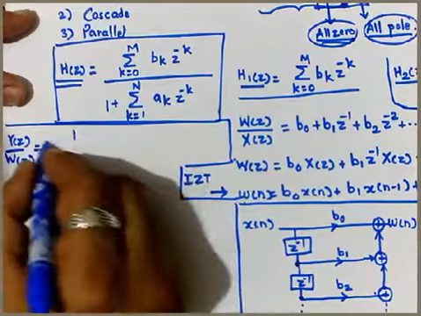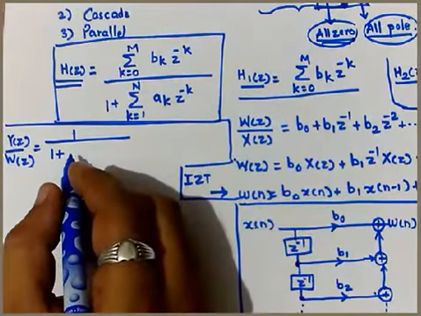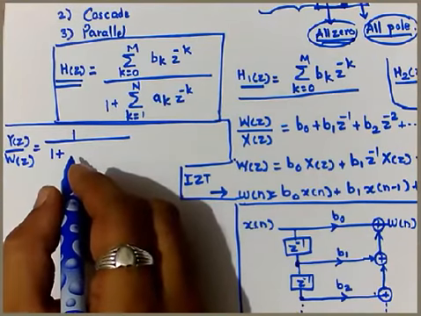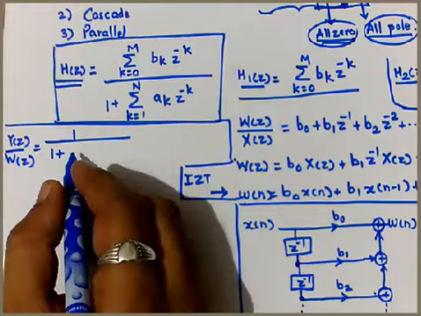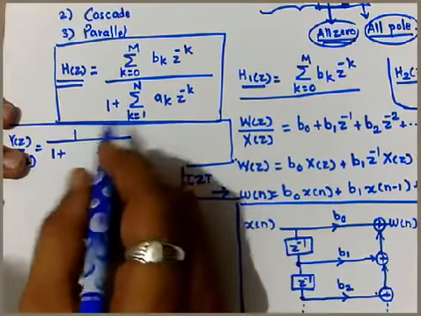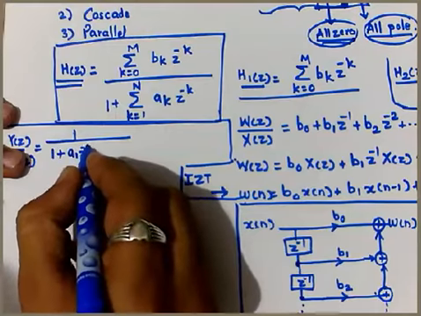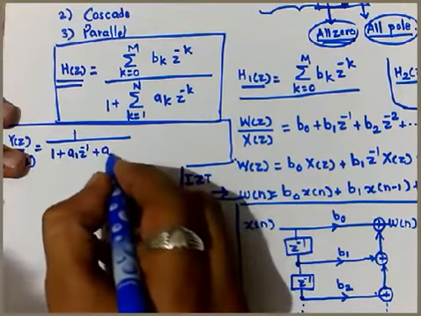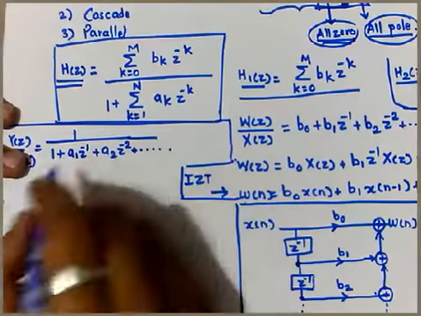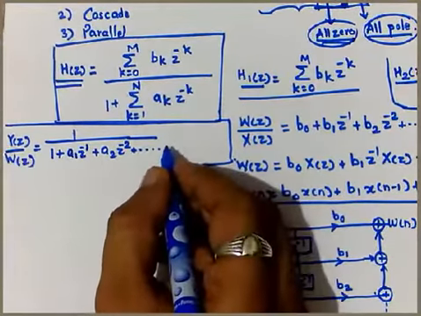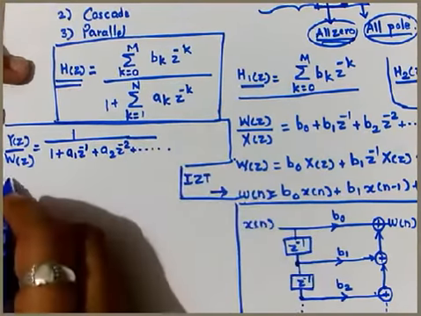So what is it? It is 1 upon 1 plus summation. Let's split it. So this summation will be split so that it will be written as 1 plus a1 z inverse plus a2 z raised to minus 2 plus dot dot dot, that is an z raised to minus n.